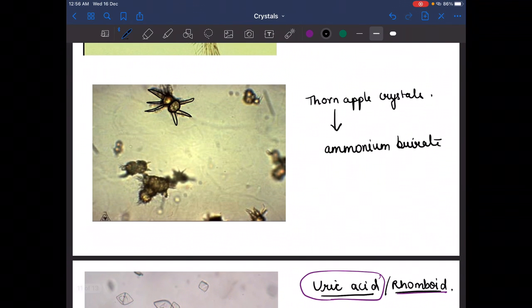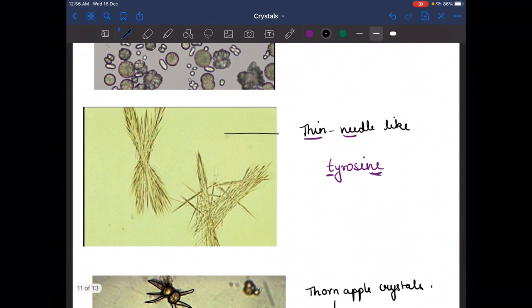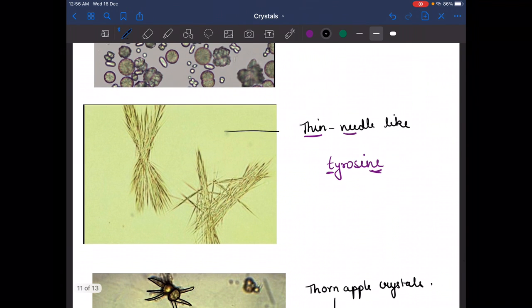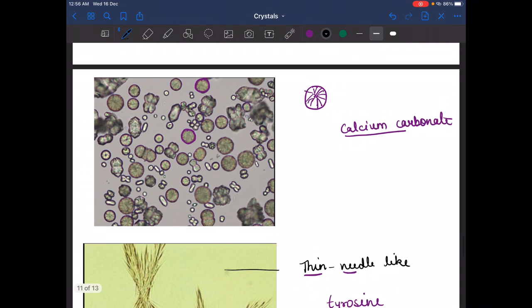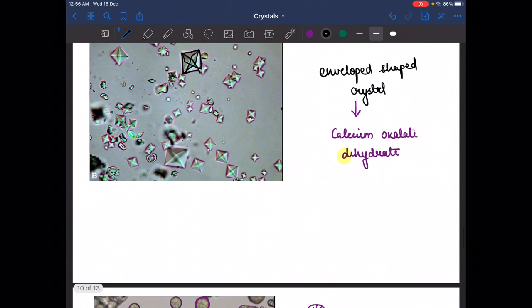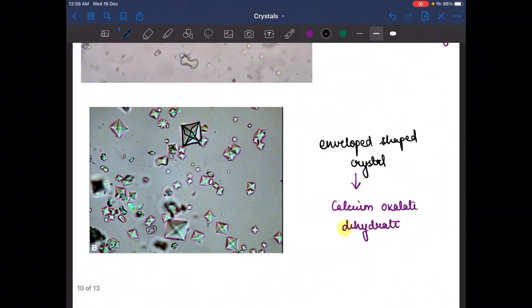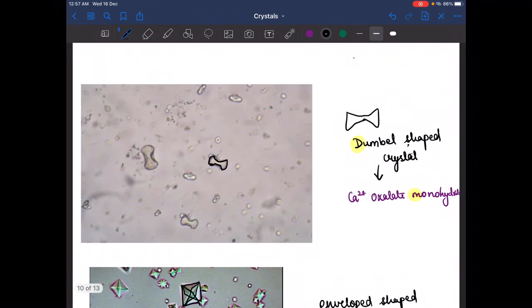So apple thorn is always seen in ammonium biurate crystals, and here thin needle like. So name is tyrosine. So these are tyrosine crystals, and here circular are calcium carbonate, and in this envelope shape crystals look in calcium oxalate dihydrate, and here we can see dumbbell shape, and dumbbell shape crystals always look in calcium oxalate monohydrate.